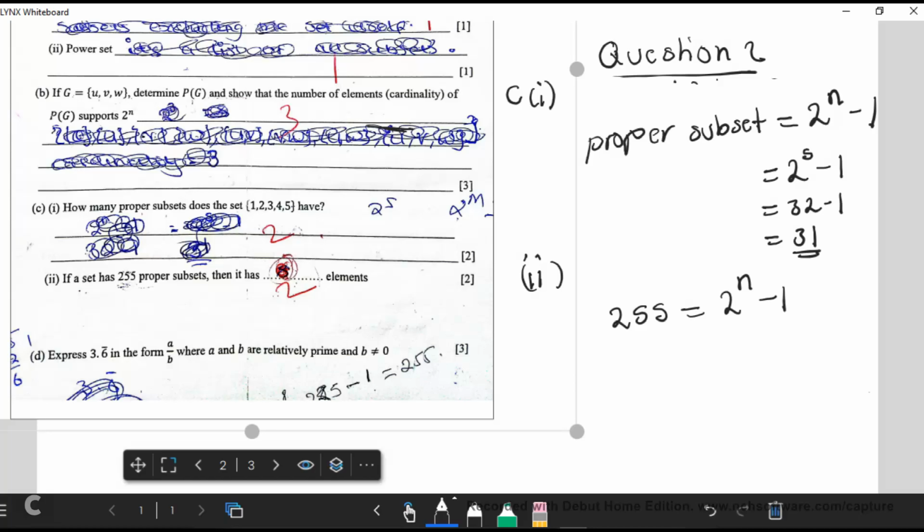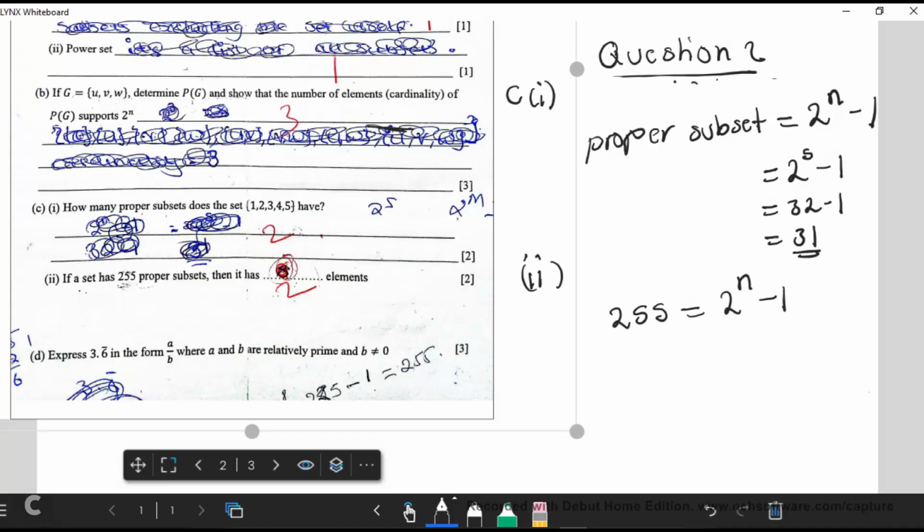After I've gotten this formula, where there's the proper subsets, I've replaced it with 255, since they are saying that 255 is the number of proper subsets.